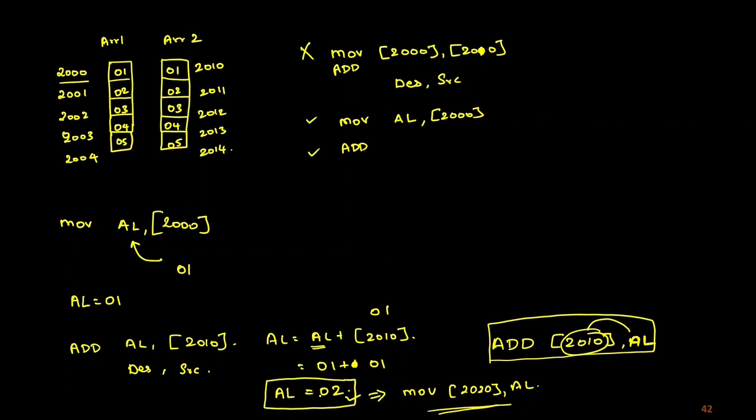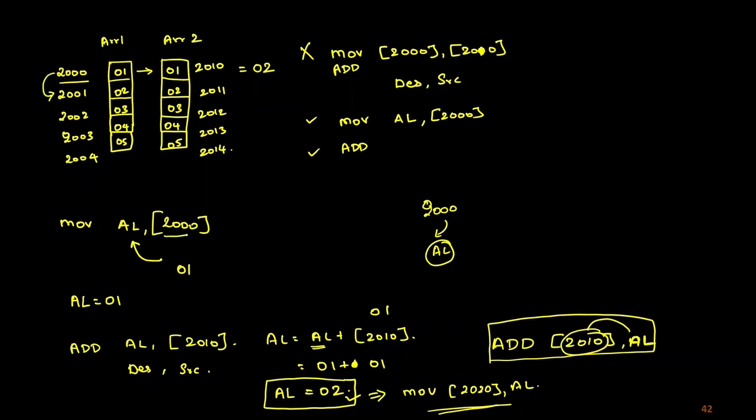So first I have to move from a memory location like 2000 to some address value, any 8-bit address value. After that, I have to add that value along with the next array's first element. These are added to each other, and your output should be 0, 2. Next, your SI has to be incremented, which means I move to the next memory location.